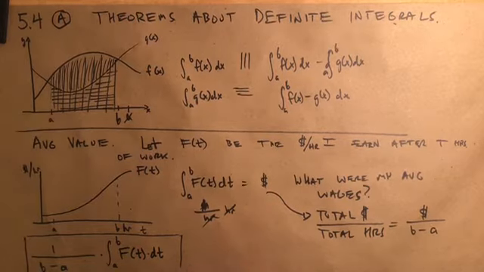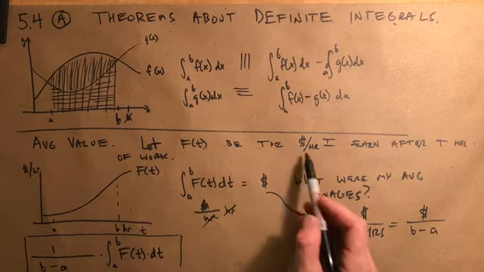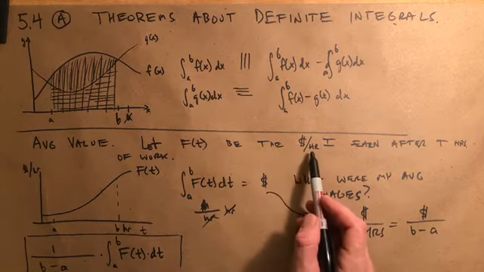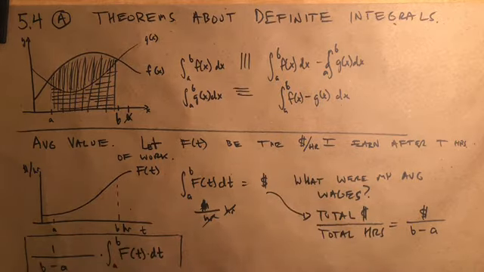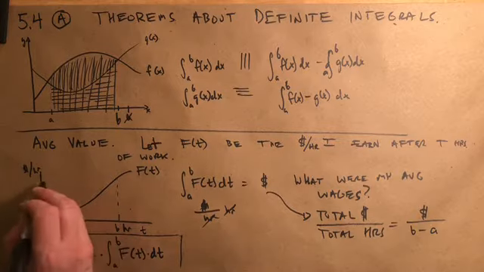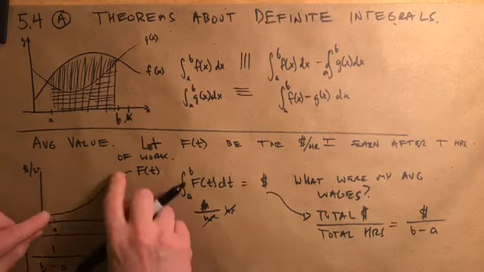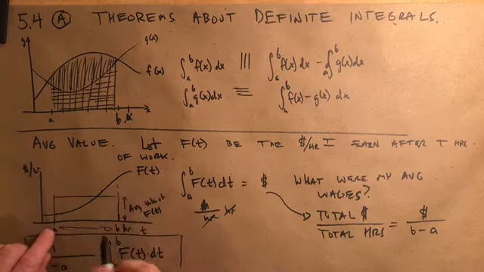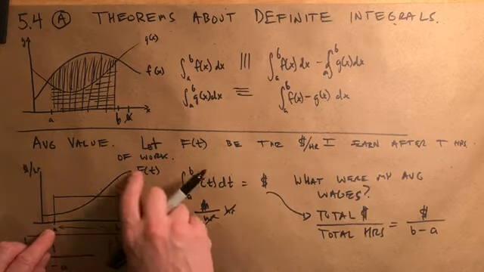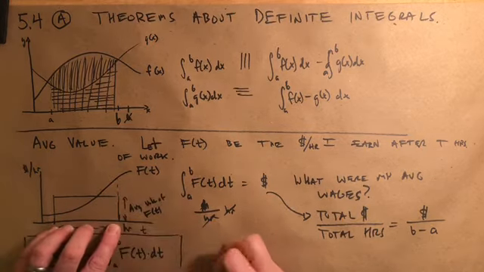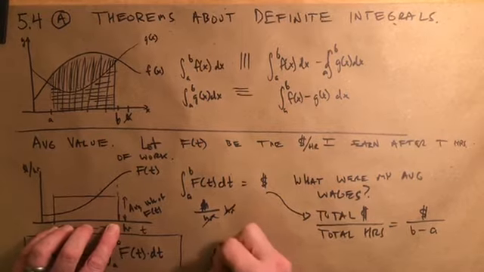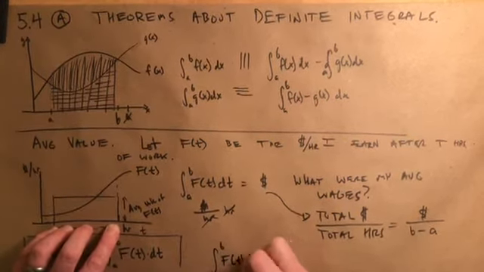This is going to really work in a variety of functions. I don't necessarily have to have this dollars per hour or have a derivative here. This will work for a parent function as well. And maybe there, what we'll do is look at this visual. I take the area from a to b under f of t, namely the integral from a to b of f of t dt.